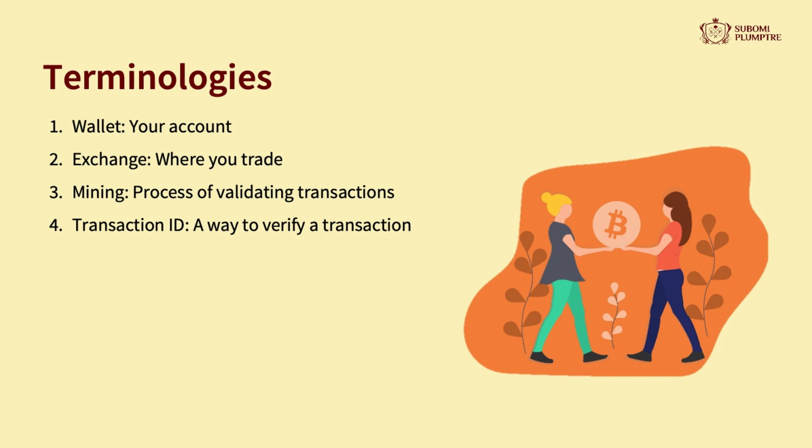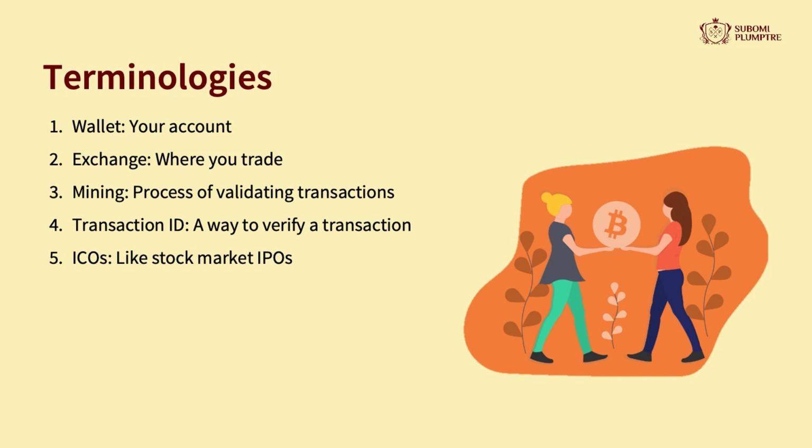So in the same way, with cryptocurrency, there's a transaction ID that when you click on it, you can actually verify that transaction was successful. So that way people can say, oh, I sent you cryptocurrency and you didn't get it or something like that. There's a way to verify that.